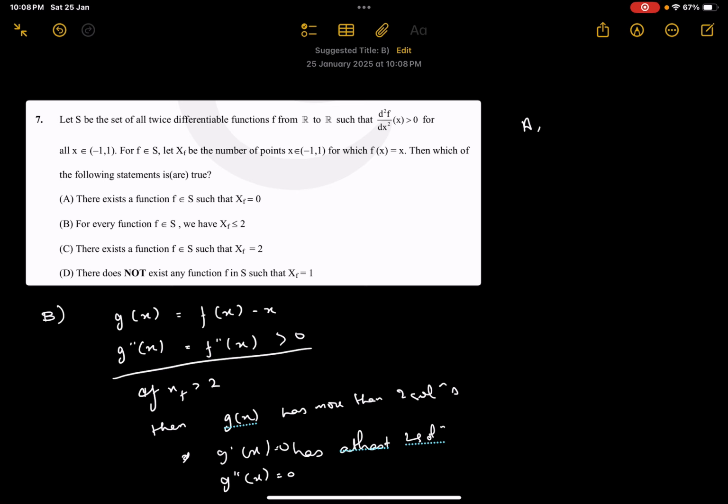So that means Xf should be less than or equal to 2. So B is also correct.